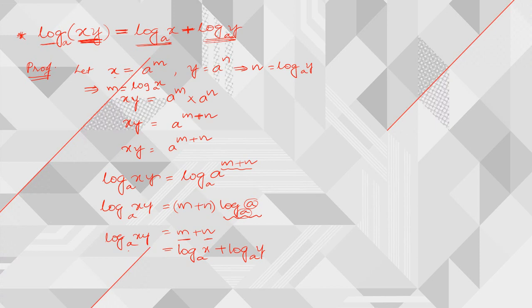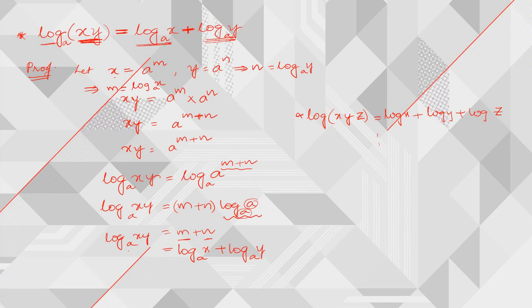If you observe this, we can extend it to more terms. Suppose you have log of x into y into z, then you can write it as log x plus log y plus log z. The same way we can extend it to any number of terms.